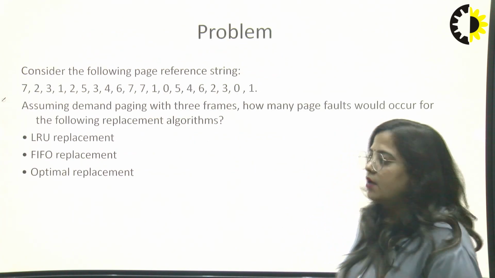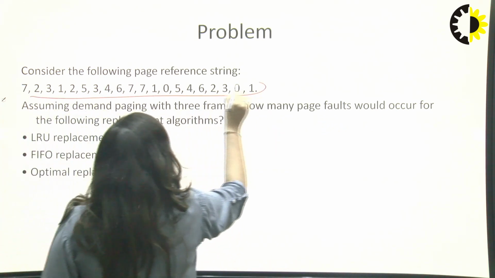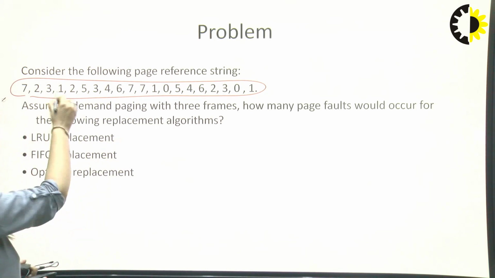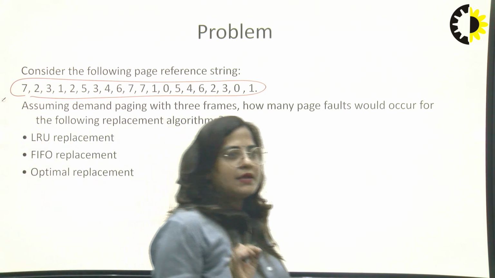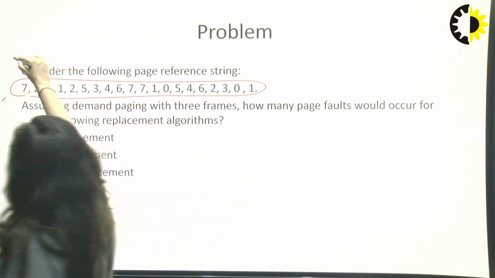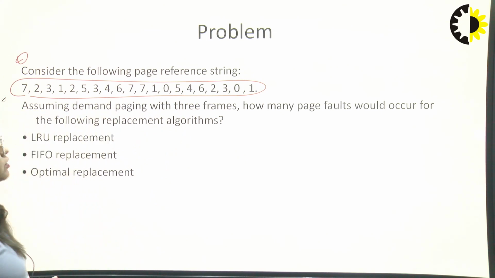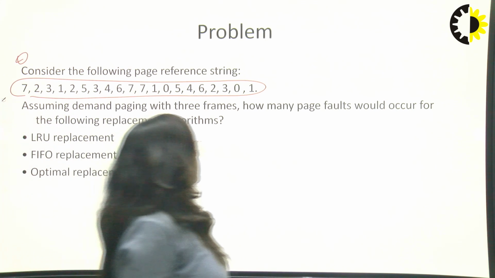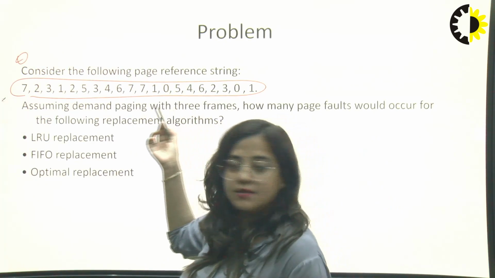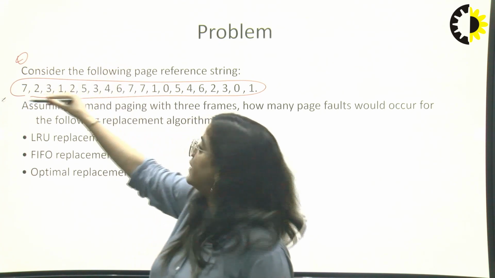These are the problems with the same strings given in the last slides. This is a simple assignment for you, to solve this question. These are the frames, and the reference strings are the different page requests: demanded by the CPU, 1, then 2, then 3, then 1, then 2, then 5, and so on.